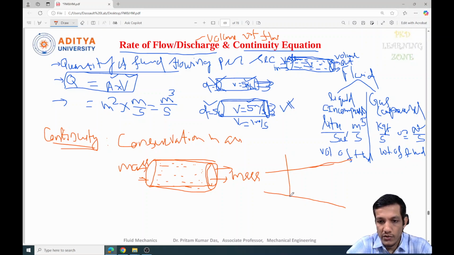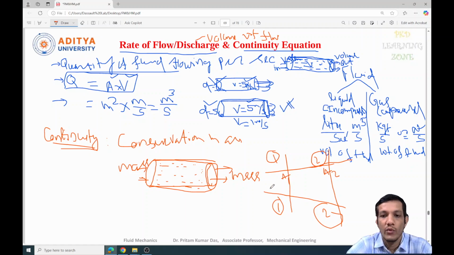What this continuity equation says: suppose this is section 1 and this is section 2. These two cross sections have different areas, A1 and A2. At section 1 the velocity will be V1 and at section 2 the velocity will be V2, and the density of liquid is ρ1 and ρ2.